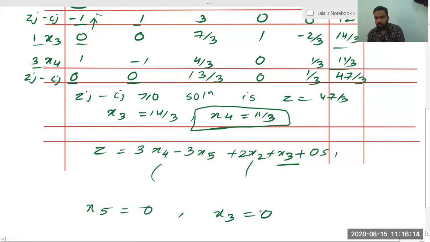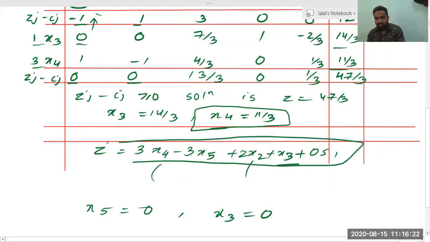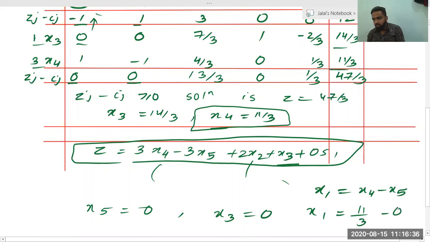Now something is very important that I want to say to you. Just listen to what I'm saying. If you look at this equation, you know that x1 was equal to x4 minus x5. I hope everyone remembers this. Now x1 will be equal to 11 by 3 minus 0.